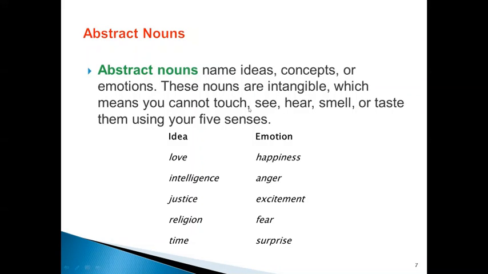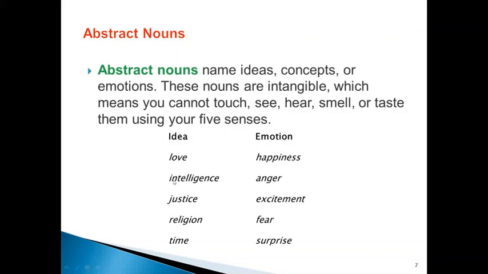You cannot touch them, you cannot see them, you cannot hear them, or even smell or taste them using your five senses. They are found in our mind. So we think of examples for ideas or concepts like love.